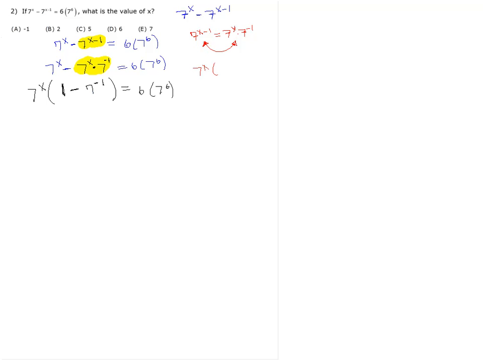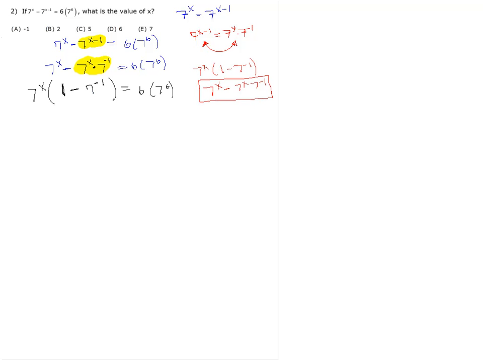The key to checking your work is you must be able to distribute, as we say in math. You must be able to distribute the term you factored out back through and get back to what you had before, right? So I actually have to be able to multiply the 7 to the x back through the parentheses to get back to the line prior, which I can do. So we know the work we've done here is good to go.